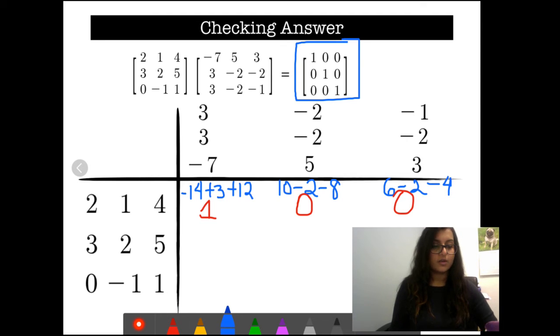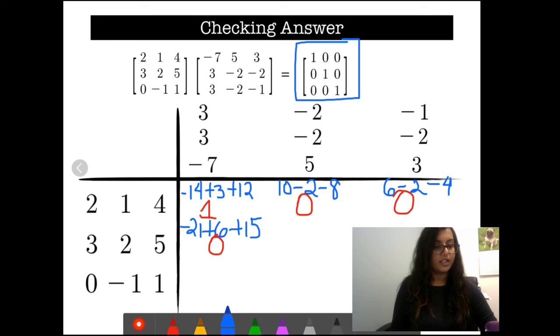Then for the next row, we're going to do 3 times -7, which is -21, 2 times 3, plus 6, 5 times 3, plus 15, and this gives us a 0.